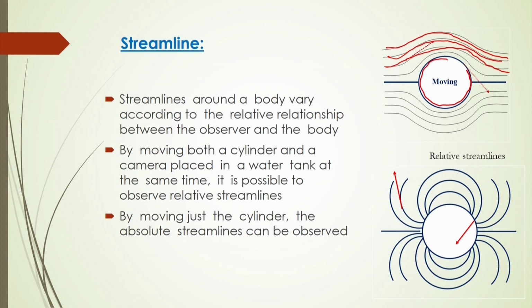And by moving both a cylinder and a camera, suppose you are observing by camera, if the camera is moving with the observer and the cylinder also moving parallelly, then there will be relative movement of both the observer and the cylinder.